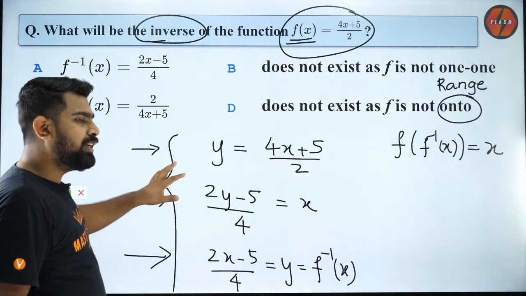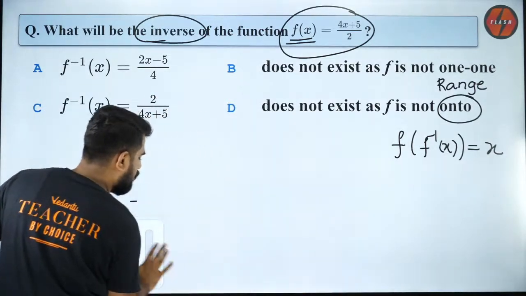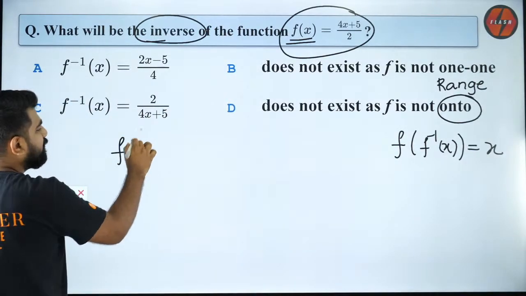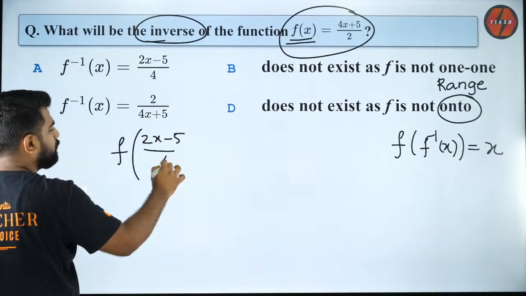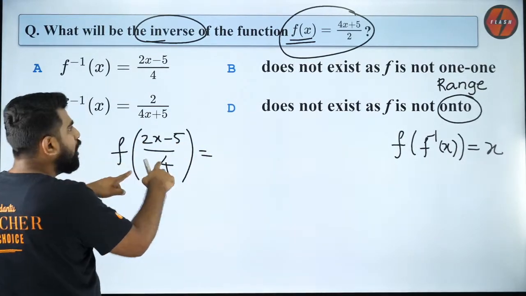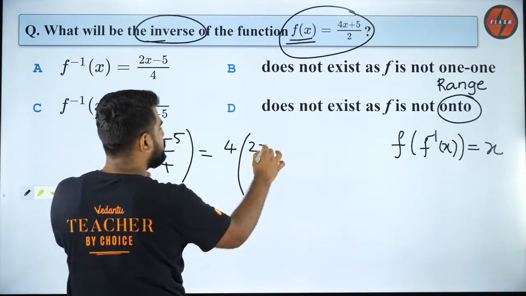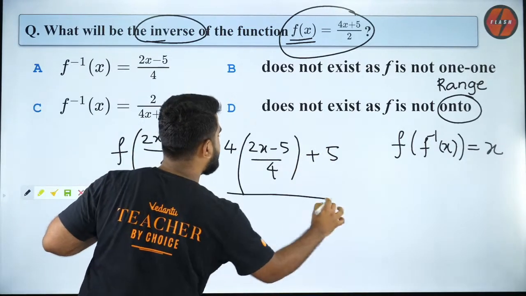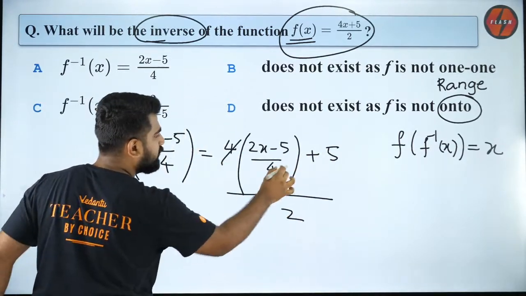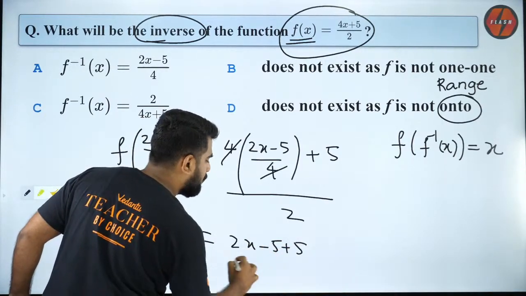So guys, let's try to do f of f inverse of x. Okay. So f of f inverse of x. What is f inverse of x? 2x minus 5 by 4. Now f of this will be what? 4 into whatever I have here plus 5 by 2. So when I do this, I'll get these two cancel. So I'll get 2x minus 5 plus 5 by 2.